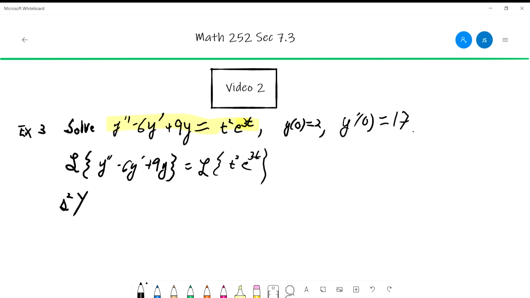It's just going to be s squared times capital Y, where capital Y is the Laplace transform of little y, minus s times y of 0, minus y prime of 0. I got those backwards. It's supposed to be s times y of 0 and y prime of 0.